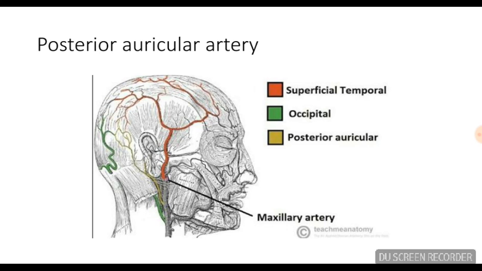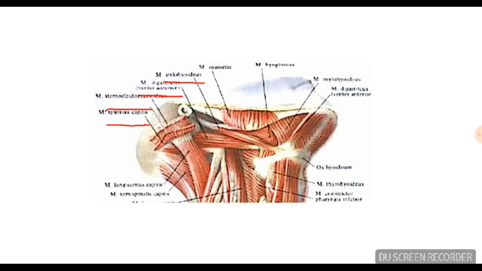Posterior auricular artery. It is present just above the occipital artery, and it passes superficially through the stylohyoid muscle. Here it is.